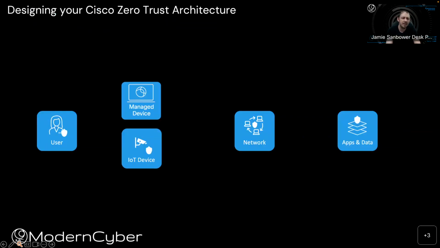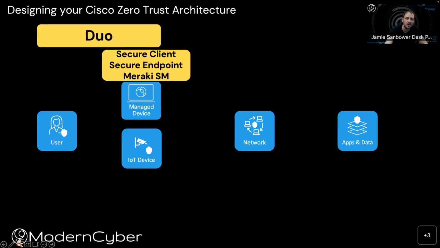Now, the other big thing that comes about is to simplify this a little bit further and to take a step back. When we're looking at Zero Trust Architecture from Cisco, we can kind of start in this realm of user, managed device, unmanaged device, IoT device, networks, and then apps and data. When I look at it this way, I can start to apply and see where some of the solutions are going to make a huge impact.